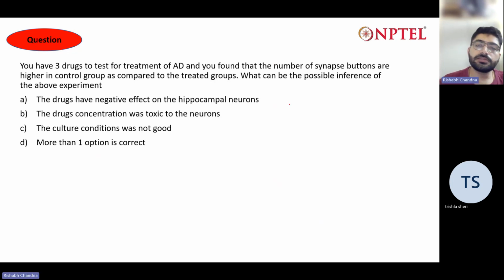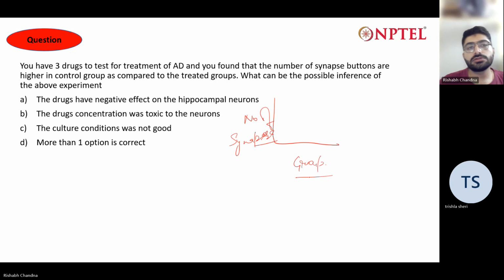If we depict this question in the form of a graph, here is the number of synaptic buttons, and here we present the groups. We will have four groups here. First will be the control. Next will be drug 1, drug 2, and drug 3. These four groups will be there.